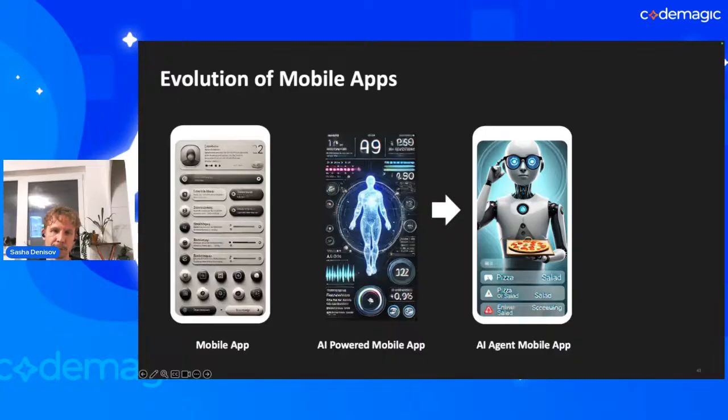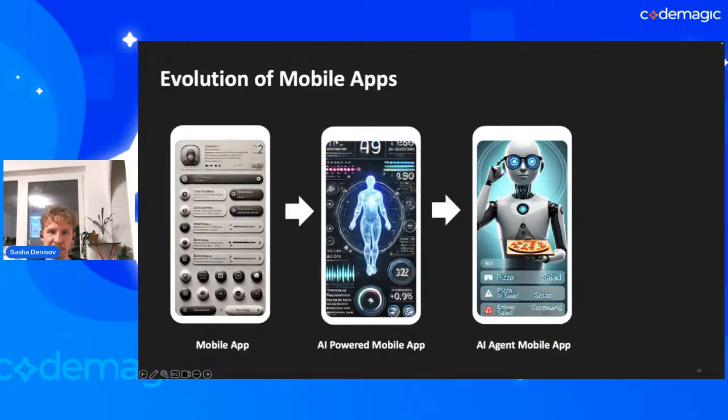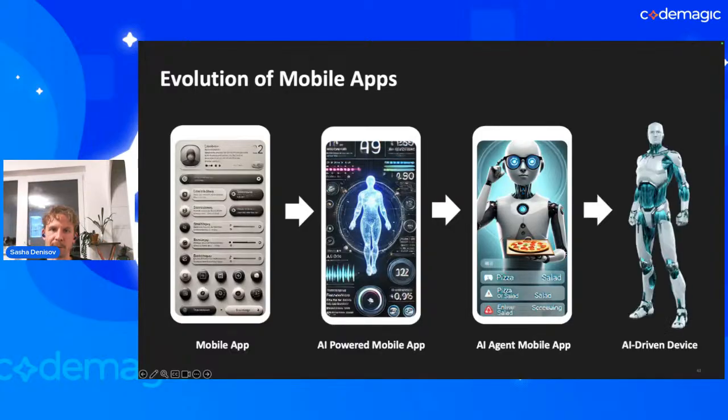But I believe that the next stage in this evolution will be something like AI-driven devices. So, kind of a robot with software. It's kind of a mobile device. Yeah, a robot can move and so on. We can consider the software for such a mobile robot as a mobile application. Yes, why not? But we are not there yet.